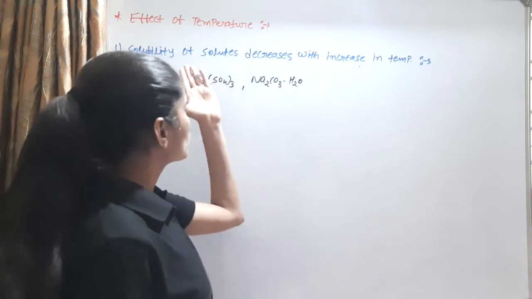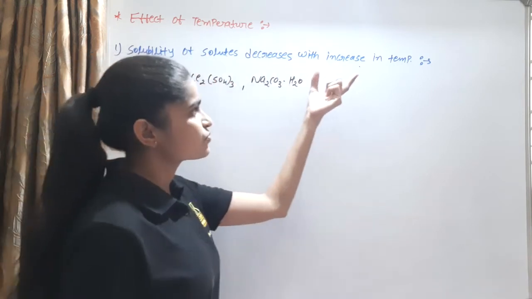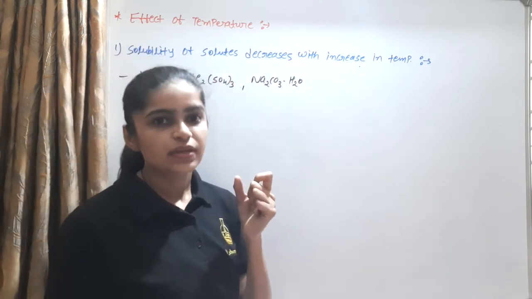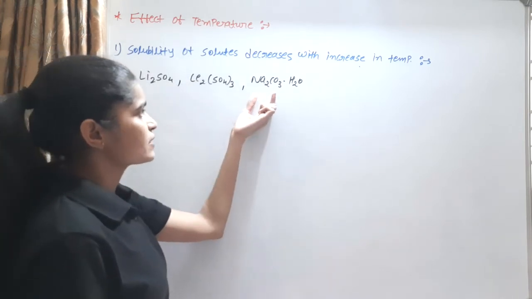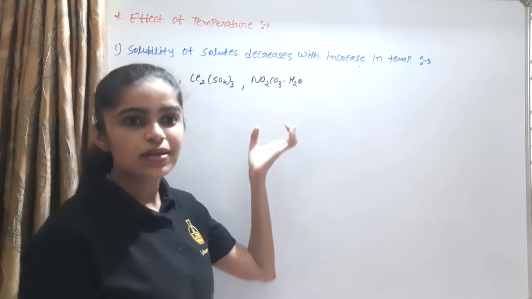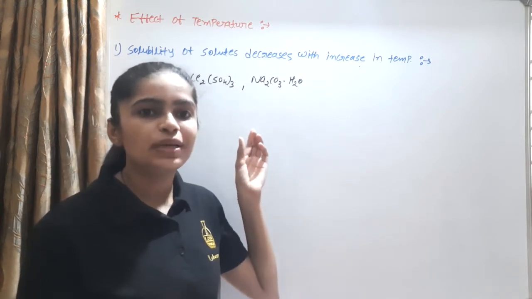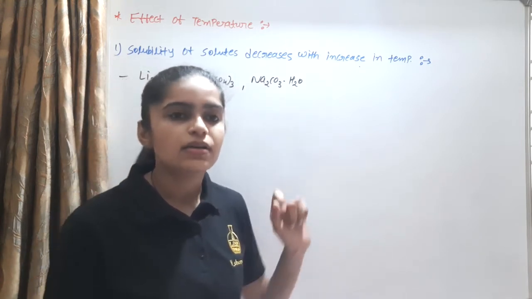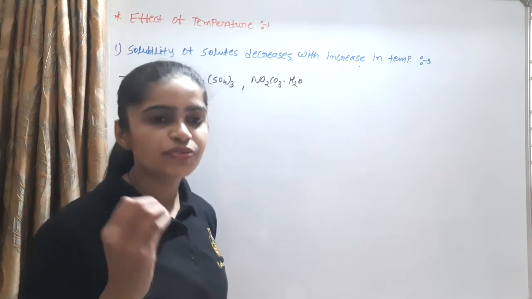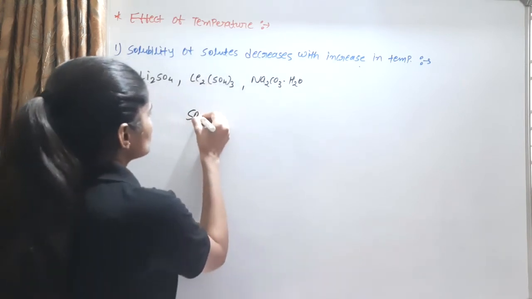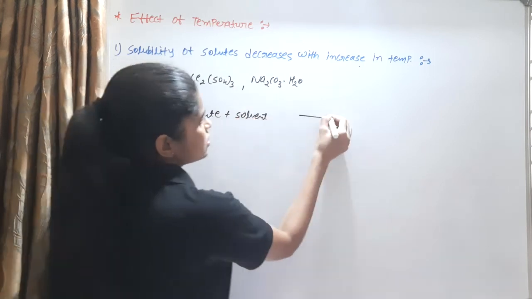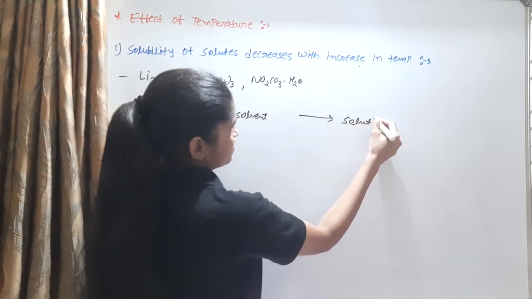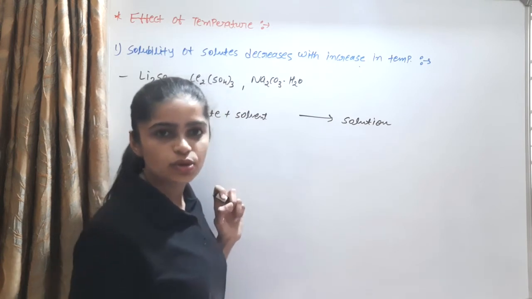Next, the solubility of solutes decreases with increase in temperature. Some types of salt, lithium sulfate, cerium sulfate and sodium carbonate monohydrate, have solubility that decreases with temperature. Why does this occur? We know that solute plus solvent gives the solution, and this is the dissolution process.